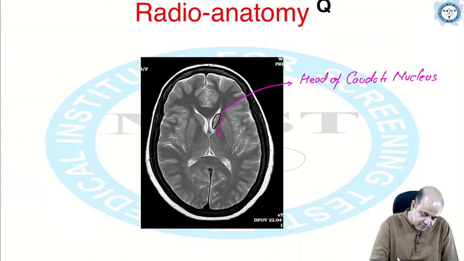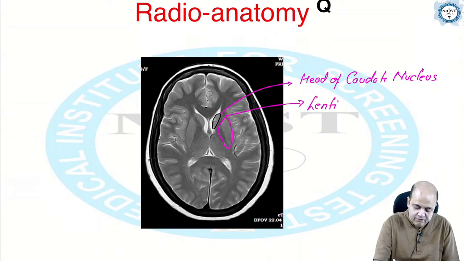And then we have this area, that is the lentiform nucleus.